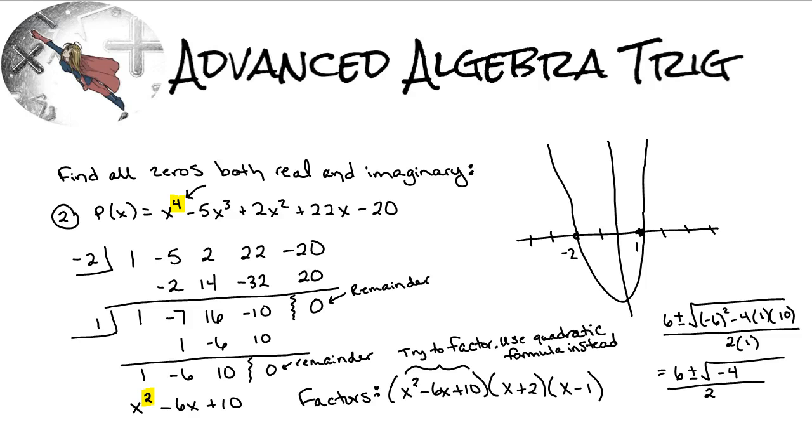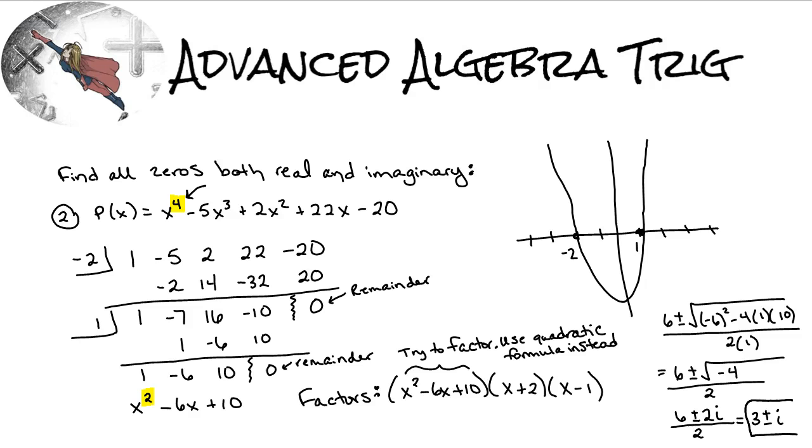All right, and then the square root of negative 4, because of the negative, you can write an i, and the square root of 4 is a nice number, which is just 2, so put the 2 in front of the i. It looks better that way. And then all of it divided by 2, and then just go ahead and divide each thing on top by 2. So that gives us 3 plus or minus i.